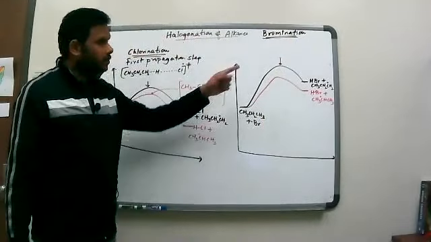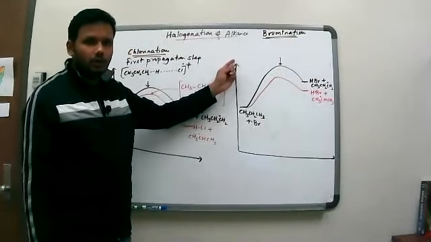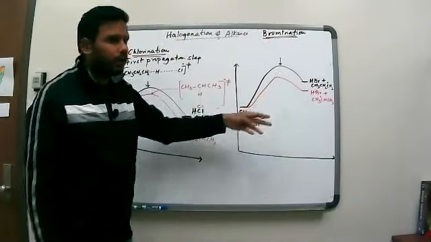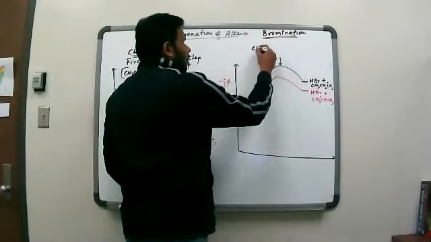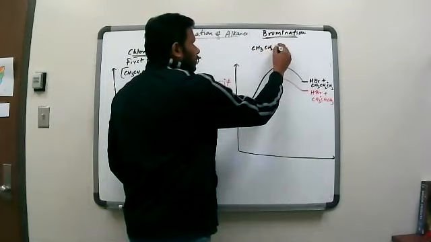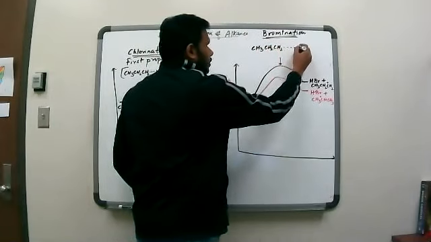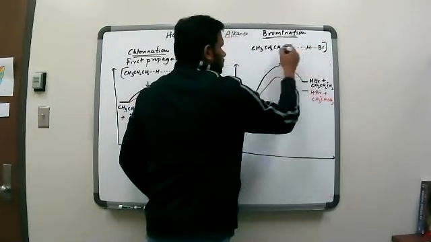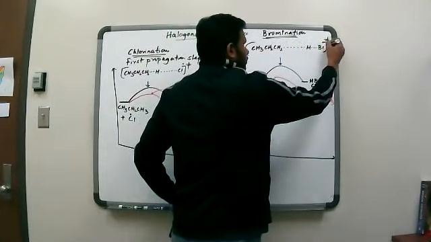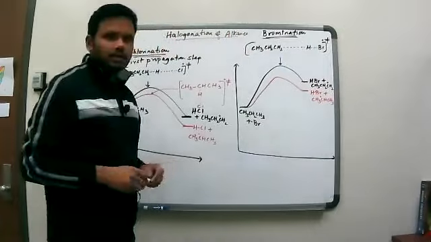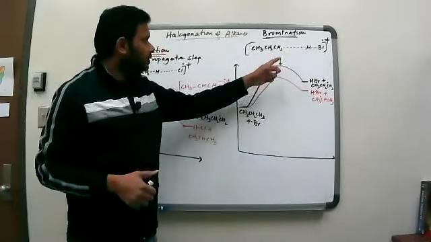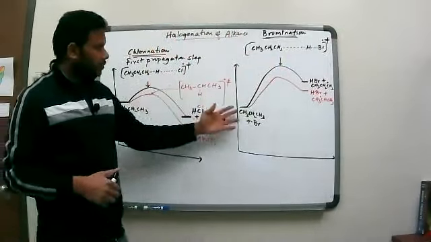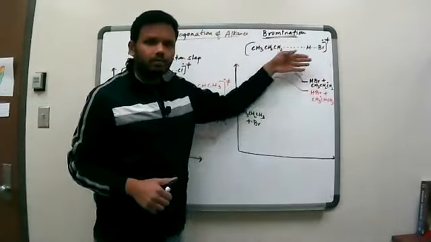That means this transition state should now look more like the product. So I'm going to represent that by drawing something like this. And what I've done here is I've done the exact opposite of what I did here. Now the transition state is more like the product.